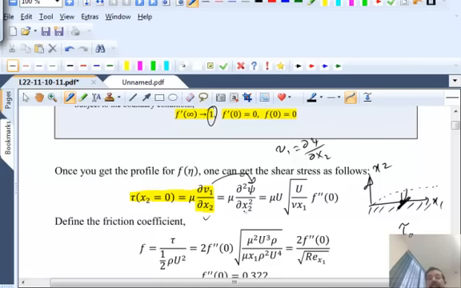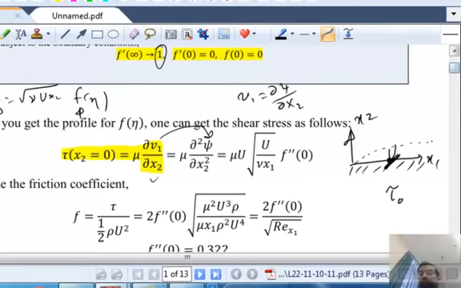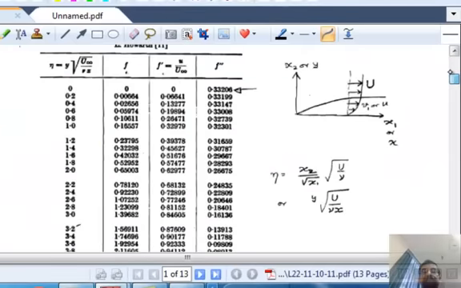We already know how we define the stream function psi as square root of, I guess it's U nu x1, times f of eta. So the stream function is basically this unknown function f, which is what numerically has been solved. So we know f, f prime, and f double prime in this table, obtained as a function of eta.